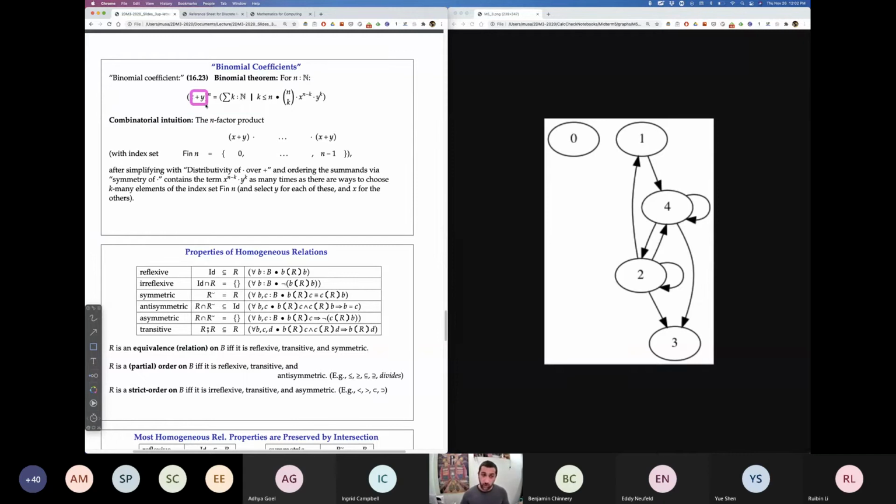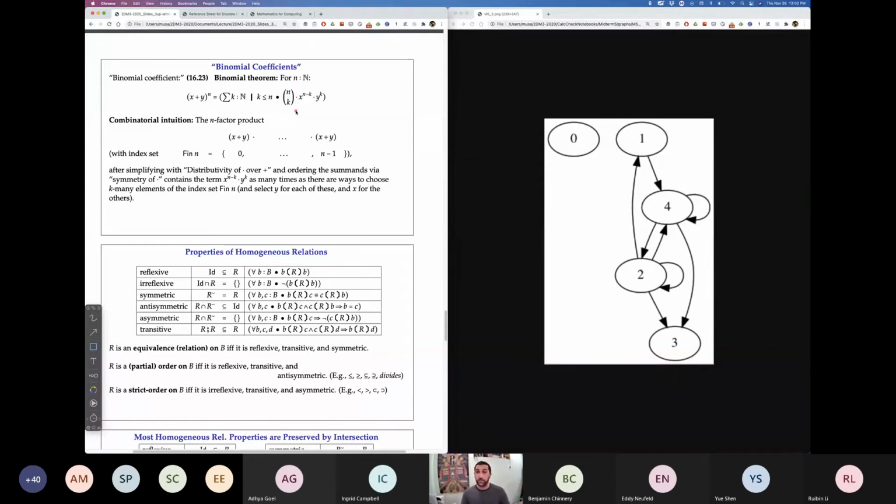If you're adding x and y and you want to make n possible choices, what it's saying is you can pick n minus k x's and the rest are all y's, right? And then you have to pick the k's somehow. And because multiplication order doesn't matter, it's just n choose k.